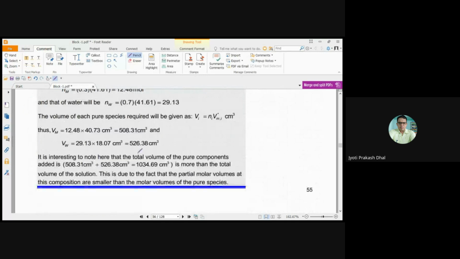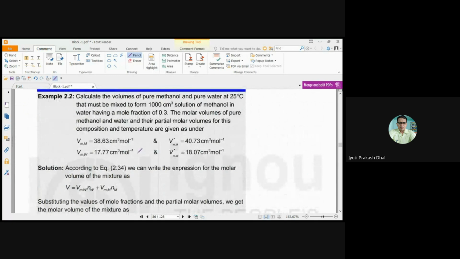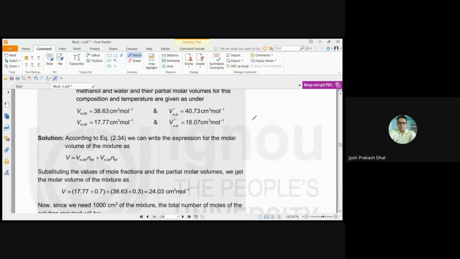And similarly, the second question can also be solved by using this expression. Here V_MM is the molar volume of methanol in the solution, V_MW is the molar volume of water in the solution, V_MM* is the molar volume of methanol individually, and V_MW* is the molar volume of water.